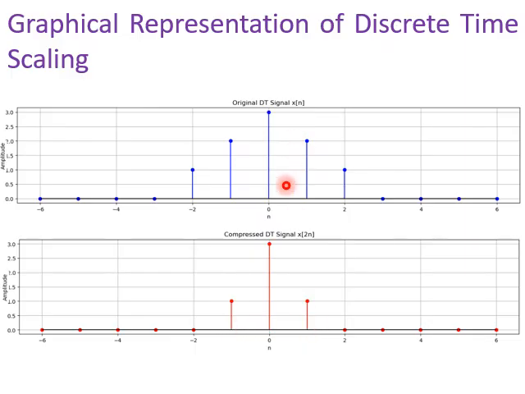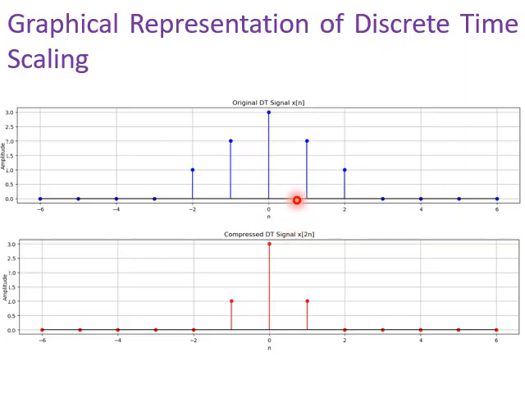So you see clearly this is the compressed version of the original signal: this is x of n and this is x of 2n. So you understand that multiplying the time index by a positive scaling factor results in the time scaling of the discrete time signal.